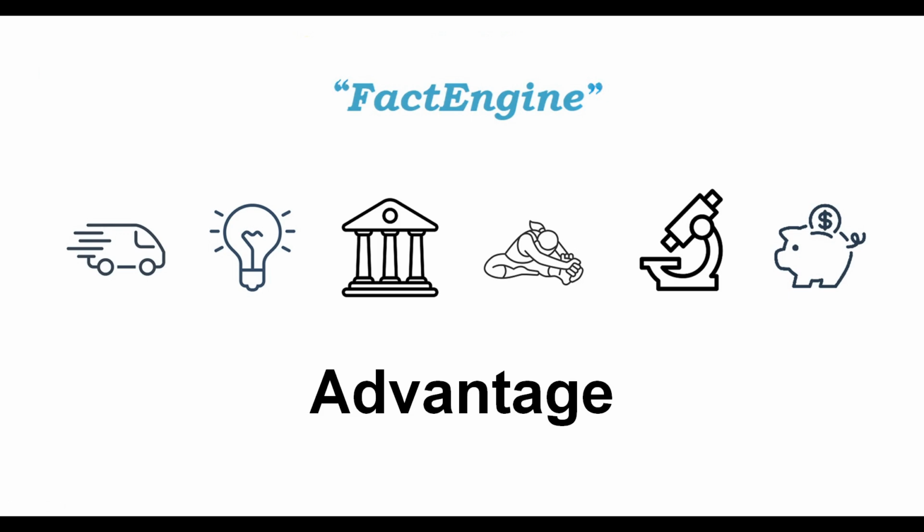In terms of data governance, you get to keep all of the data governance processes and procedures that you have in place already, while getting the full advantage of the semantic view provided by FactEngine and Boston over the top of your data warehouse or your data lake.